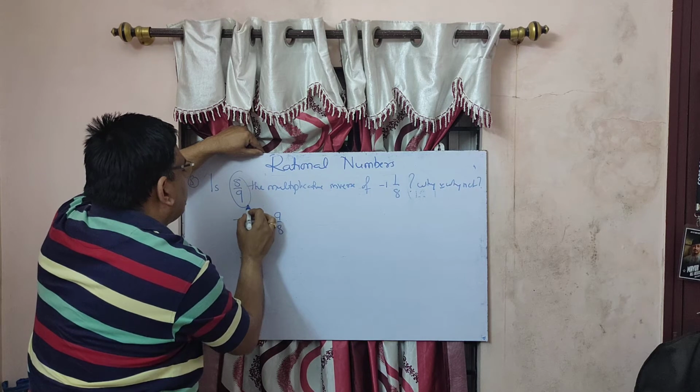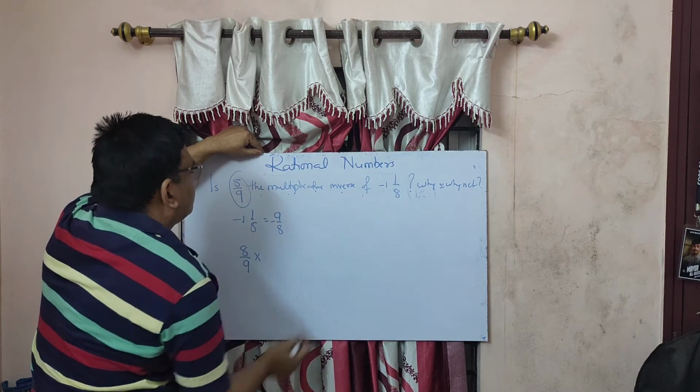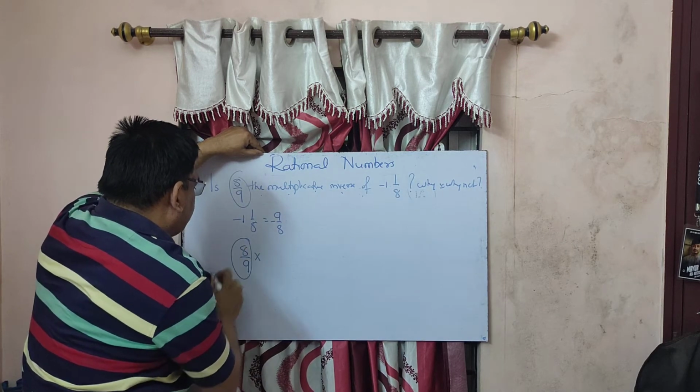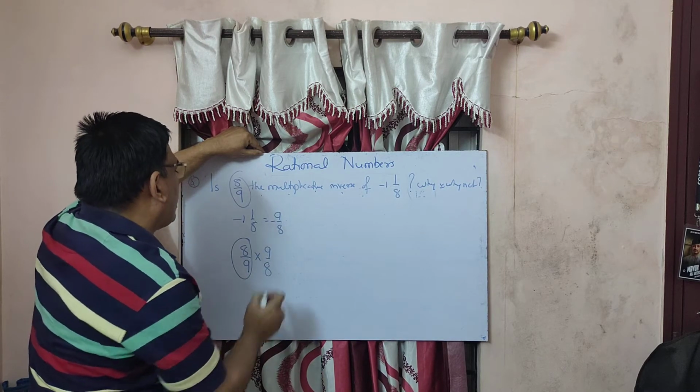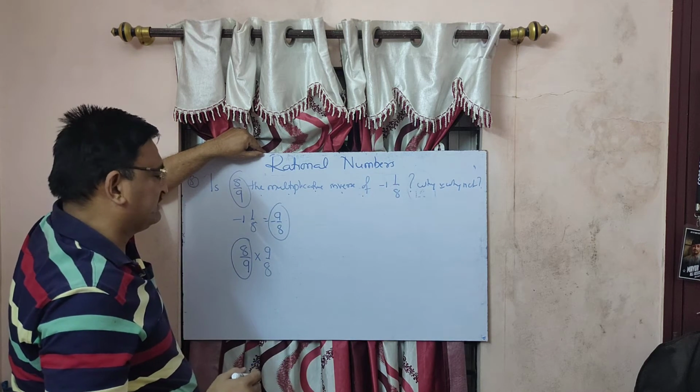What is the multiplicative inverse of 8 upon 9? That will always be 9 upon 8. But what we got here? Minus 9 upon 8 we got.